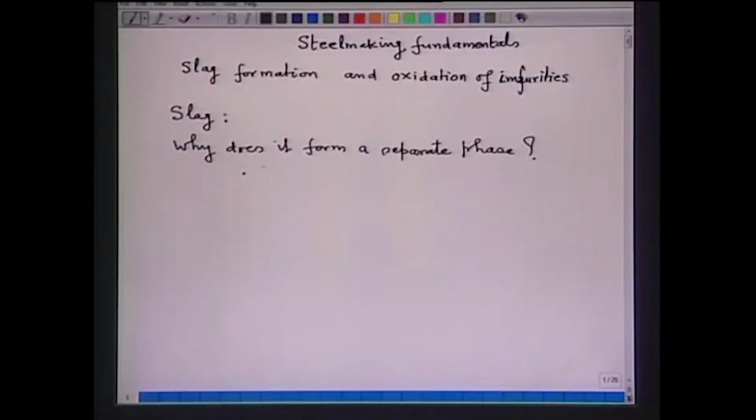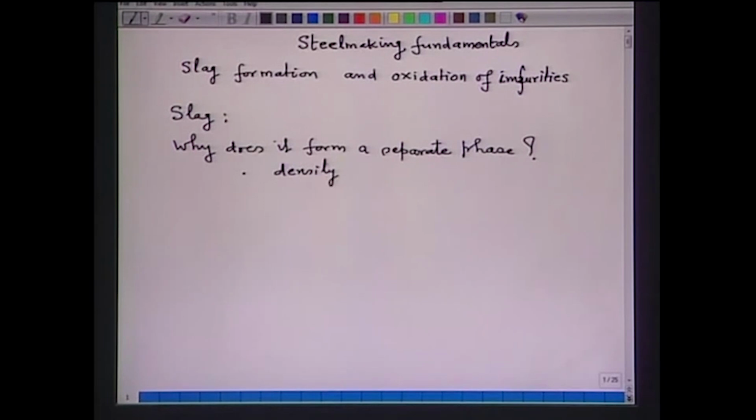So, liquid slag is lighter than molten steel, and hence it floats on the surface of the molten steel. This is number one reason why it forms a separate phase. Number one reason is density.